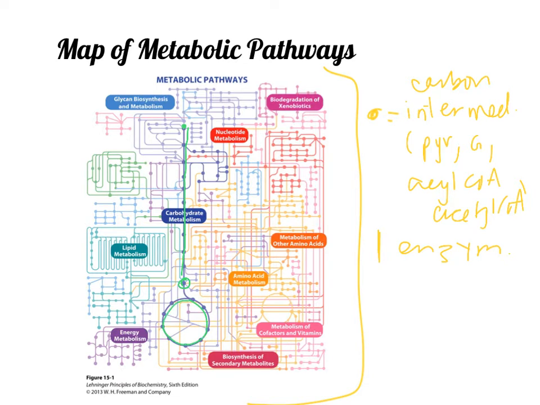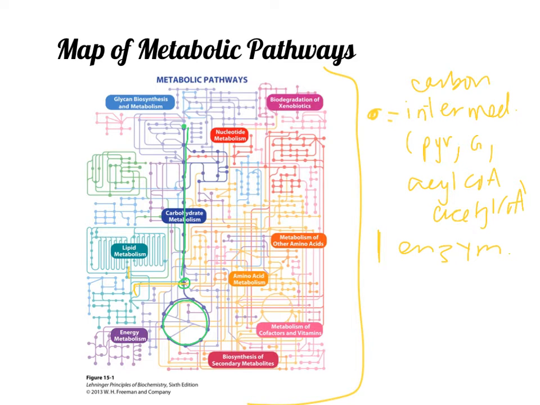And what you'll notice is that almost all of the roads lead to the TCA cycle. So lipid metabolism over here will lead, sorry, I'm just trying to find the right connection. This one will come in, lipid metabolism will go to acetyl-CoA because it has to eventually go to the TCA cycle. Amino acid metabolism enters into the TCA cycle.